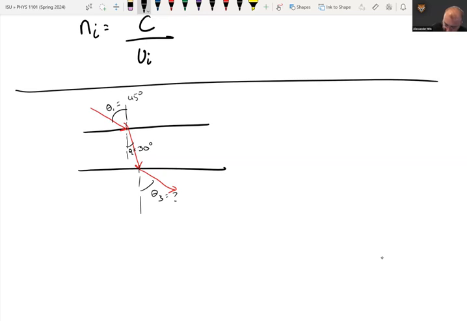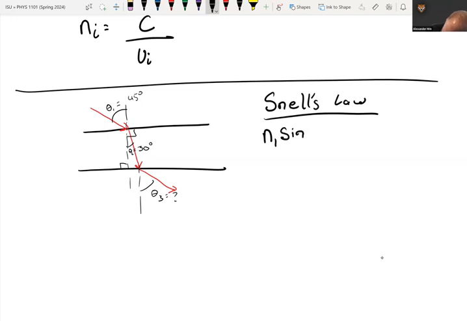Well, assuming again that these edges are perpendicular, that we drop this down. As long as they're both perpendicular to the same line, they have to be parallel. So that's fine. But Snell's law states the following. So Snell's law states that n1 sine theta 1 is equal to n2 sine theta 2.